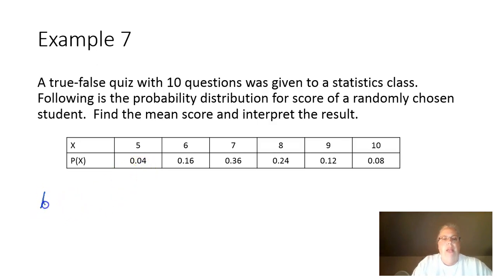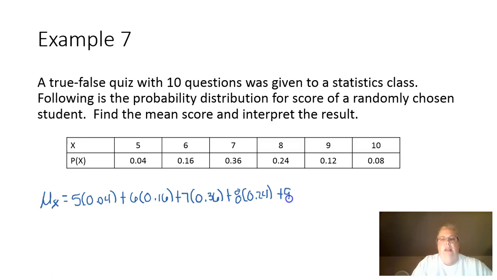Alright, so our mean for our probability distribution x will be 5 times its probability of 0.04, plus 6 times its probability of 0.16, plus 7 times its probability of 0.36, plus 8 times its probability of 0.24, plus 9 times its probability of 0.12, plus 10 times its probability of 0.08.